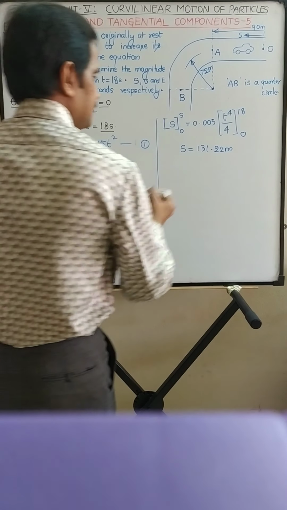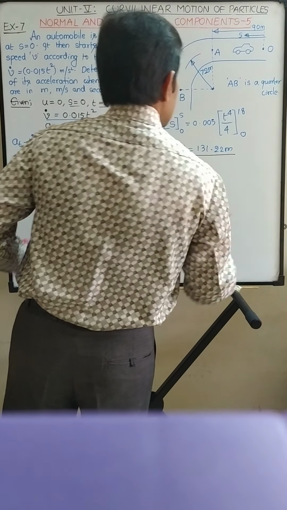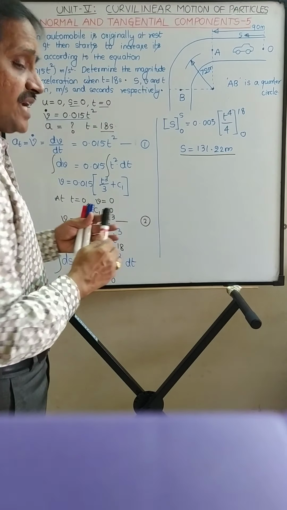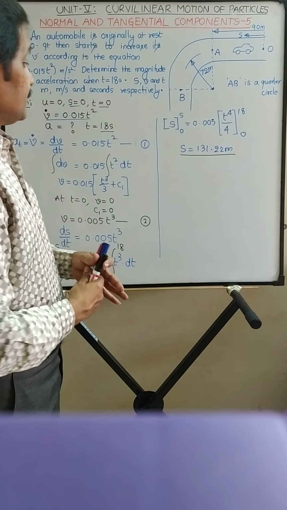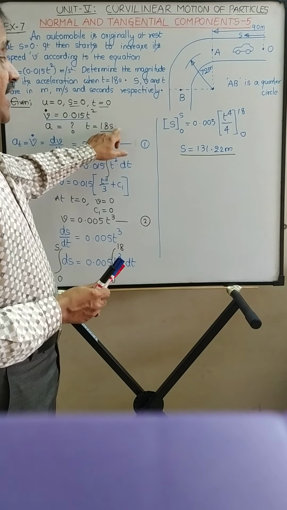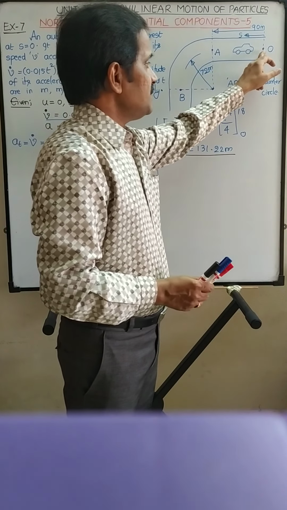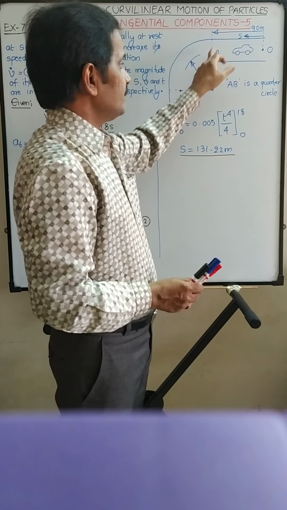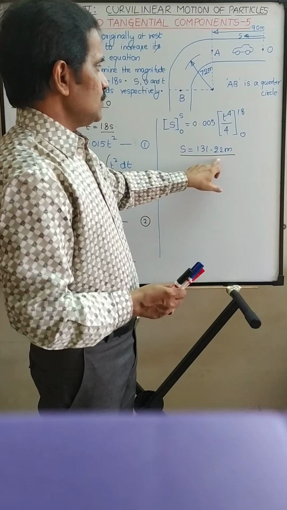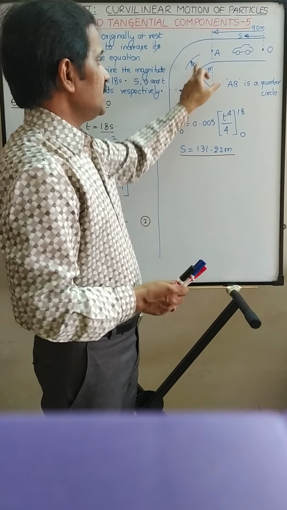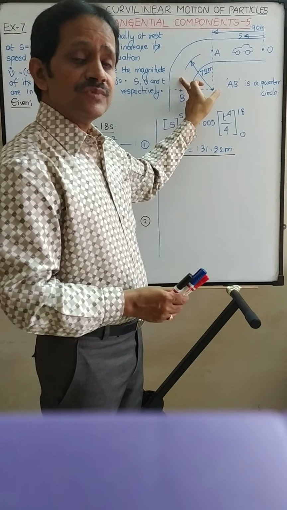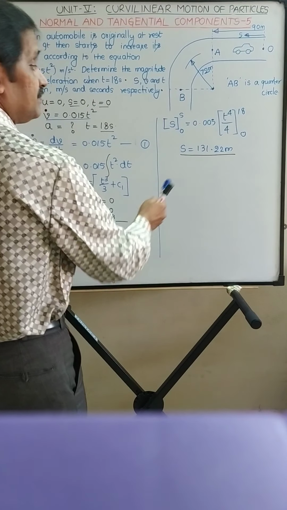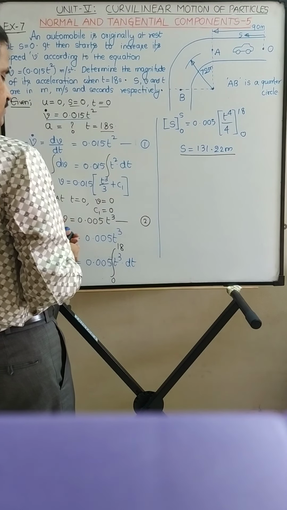So this is the distance traveled by the automobile at t is equal to 18 seconds. See, from O to A is 90 meters. So it is 131.22. That means it is in the range AB. So the automobile is having curvilinear motion, right?